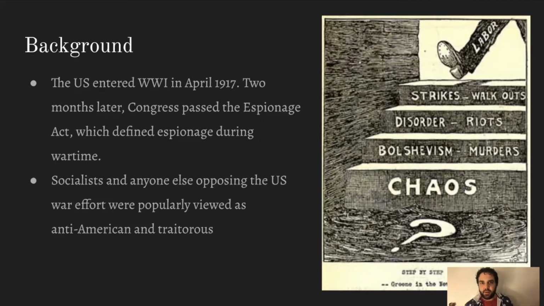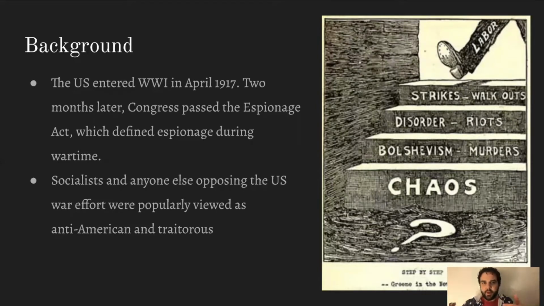At this time, this was the Red Scare. Popularly in the United States, socialists and anyone opposed to the war effort as well was viewed as anti-American and most likely traitorous. This is depicted in the political cartoon here.